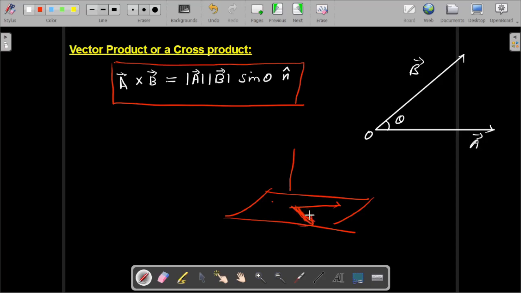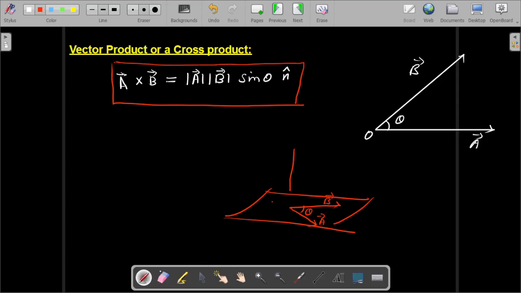This is vector A, this is vector B, and this is the angle between them. Then the unit vector will be in this direction.